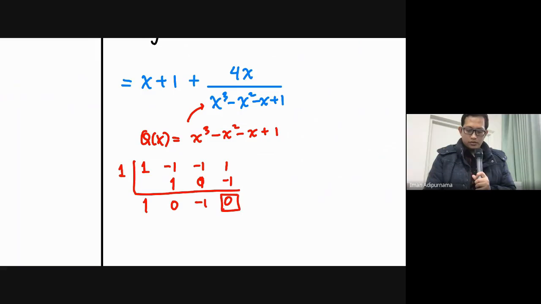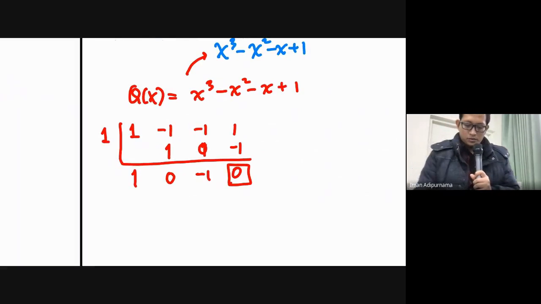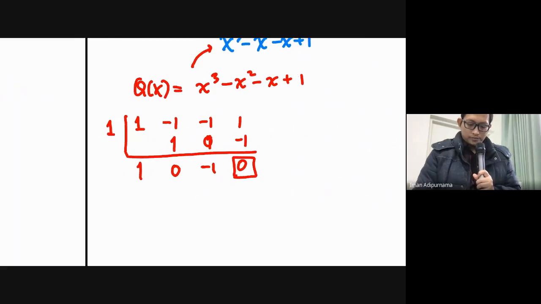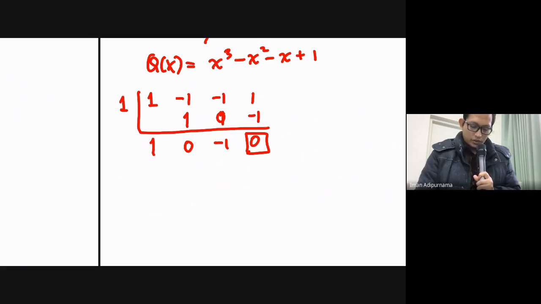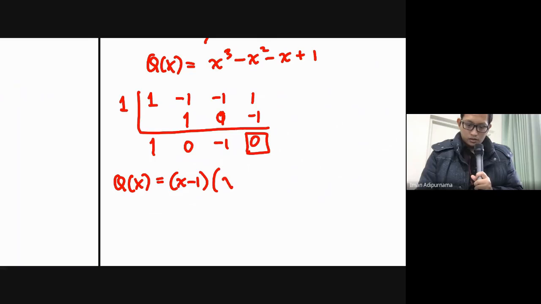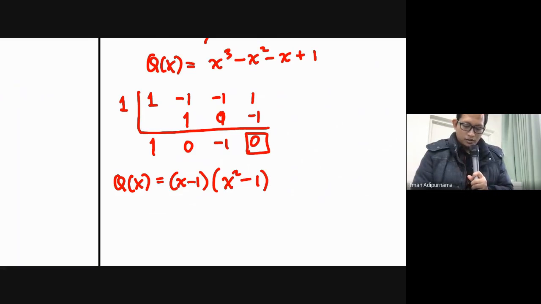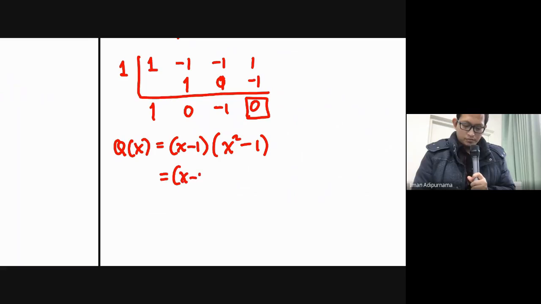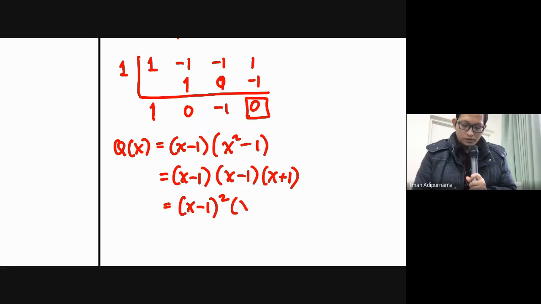Okay, so it is 0. So meaning 1 is a factor, and we can write qx as x minus 1 and then x squared minus 1. And then we can solve this, and we will have x minus 1 squared and then x plus 1.